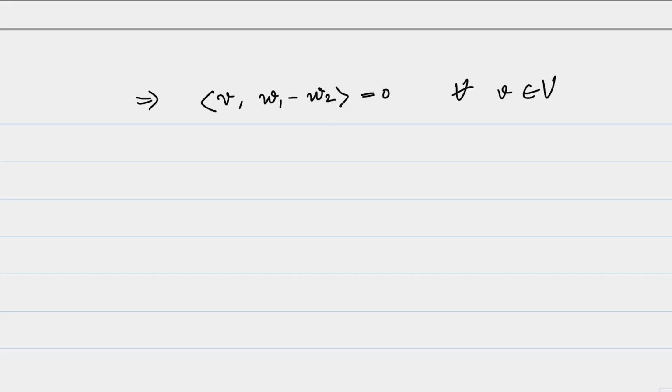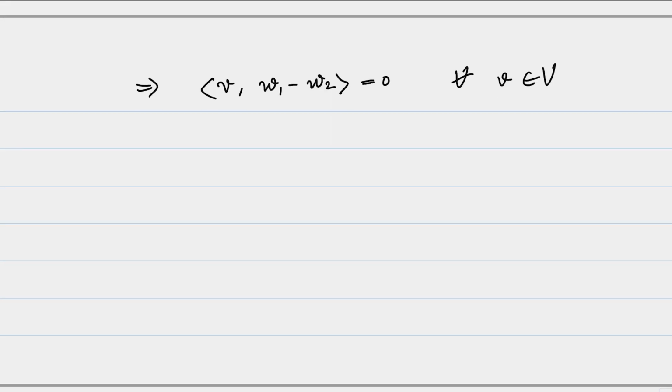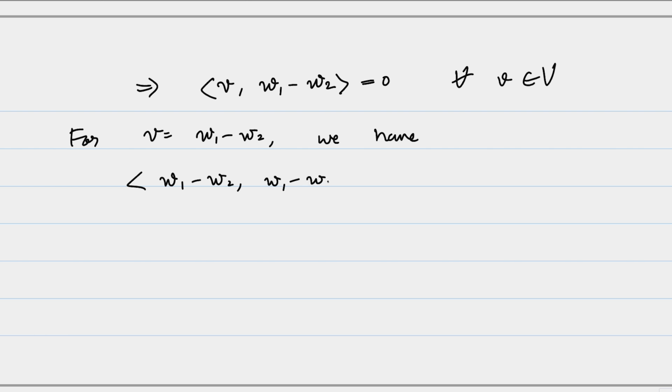But in particular, this is also true for W1 minus W2. For V equal to W1 minus W2, we have the inner product of W1 minus W2 comma W1 minus W2 being equal to 0. But this is 0 only when the vector itself is 0.